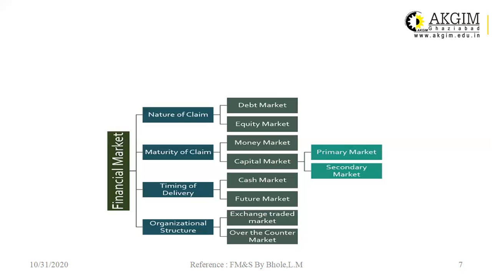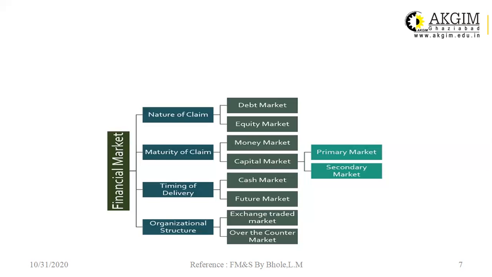In the case of unorganized market, these are the financial markets in which the financial transactions take place outside the well-established exchange or without the systematic or orderly structure or arrangement. These are the cases.